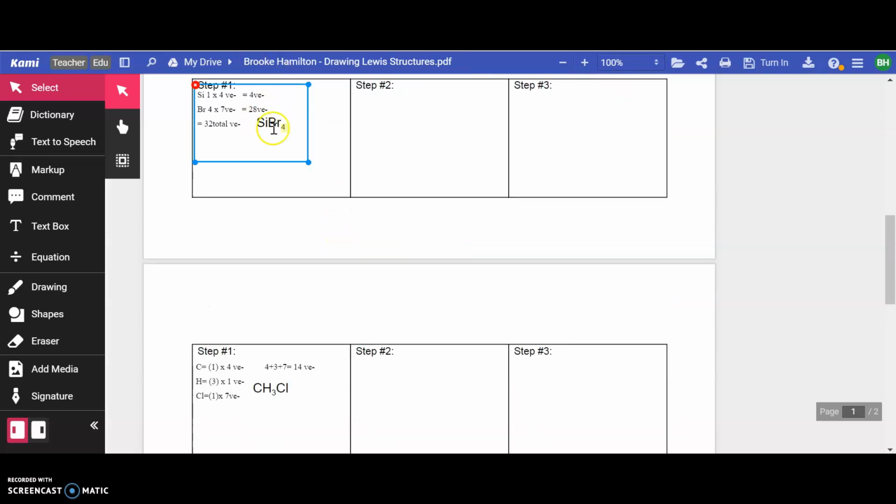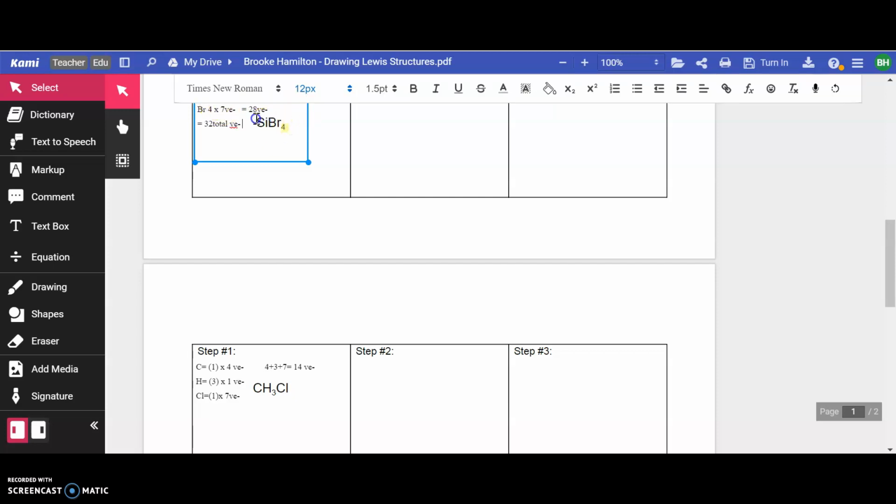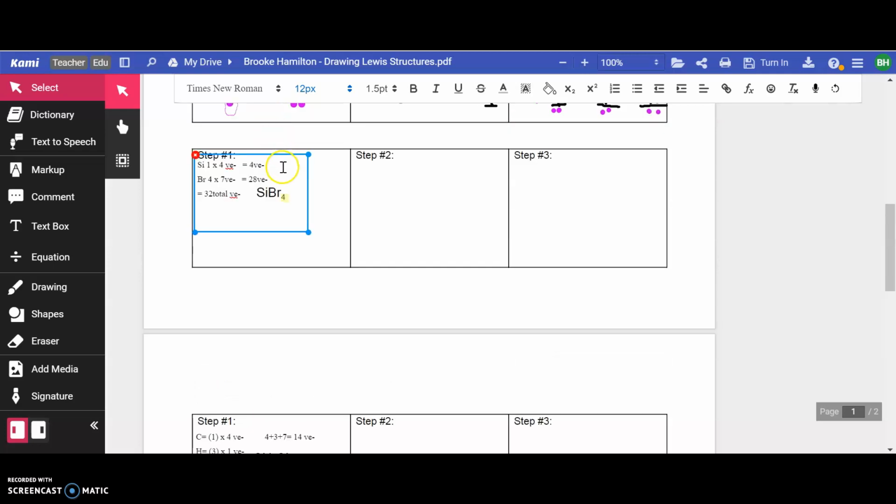So for SiBr4, Si on the periodic table is in group 14, just underneath carbon. This is silicon. So we have 1 silicon, there's no number that comes after it. Br is a halogen, it is in group 17. There are 4 bromine in this molecule.